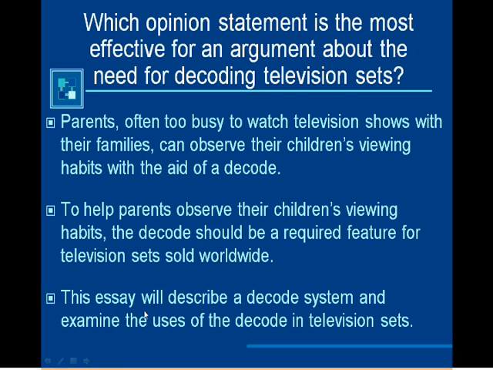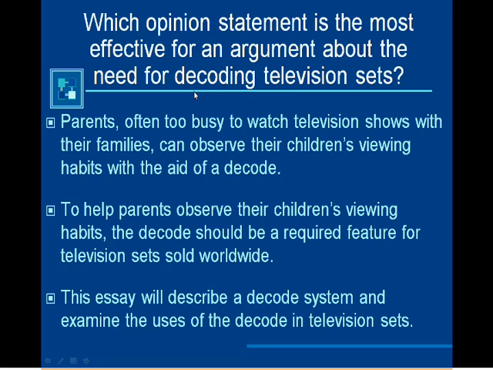Okay, first, in order to understand this argument, we are to look at the word decoding here, to make it easy. Decoding is whatever you have now, like a program in the television sets where you just stop your children from seeing something on TV.